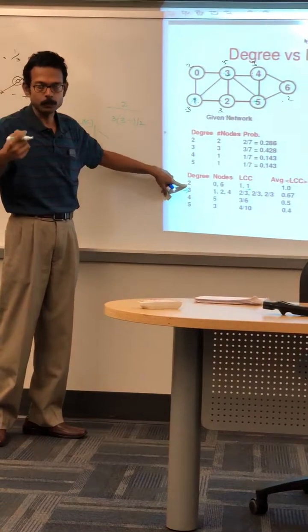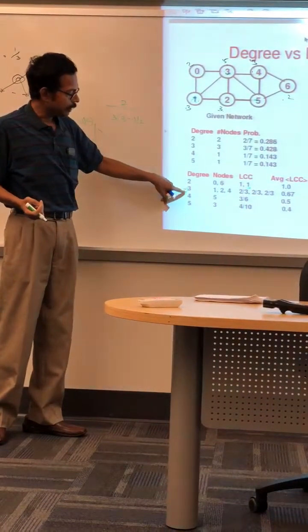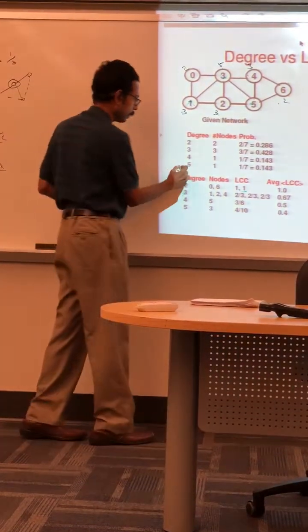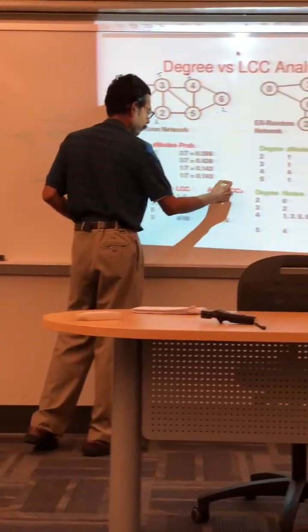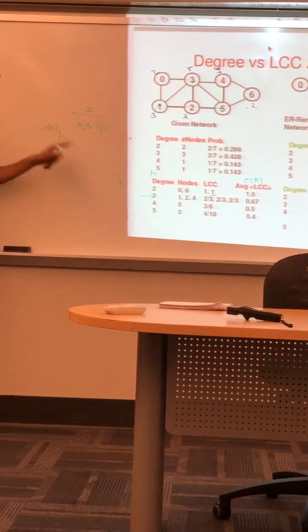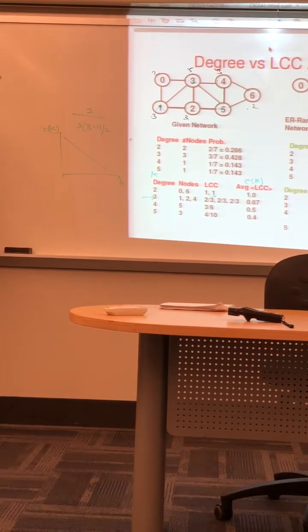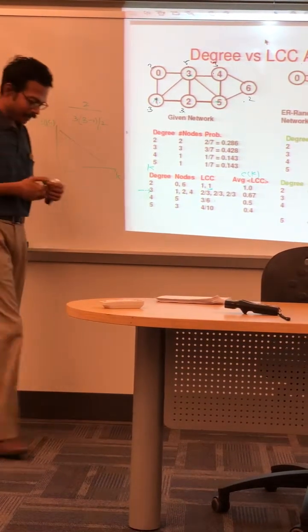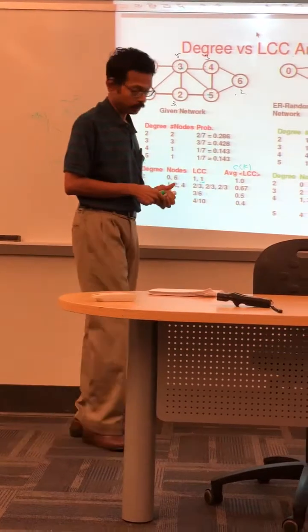If you say C of 2, then C of 3, then C of 4, C of 5. So if you plot this k, this is the C of k, you could see this decreasing trend. Okay? Is it clear? Now, on the other hand, let's do the same analysis for this random network.